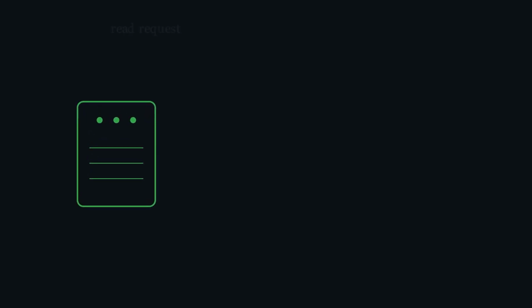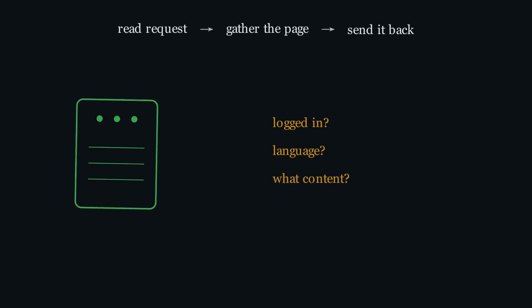So what does the server actually do with this request? For a simple site, not much. It finds the page and sends it back. But for something like Google, your one little request sets off a chain reaction inside. Is this person logged in? What language do they speak?